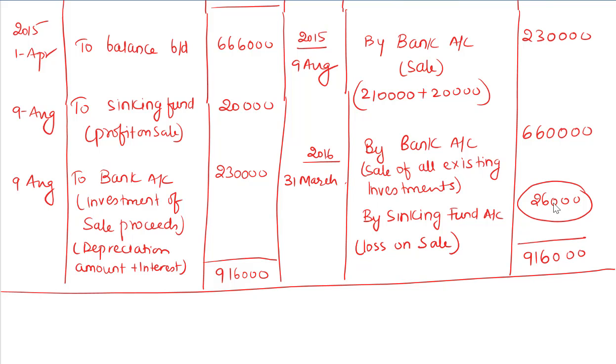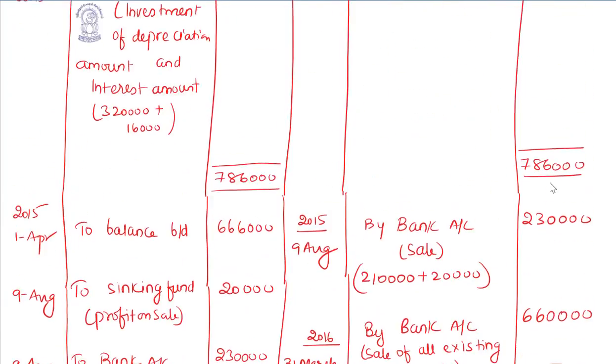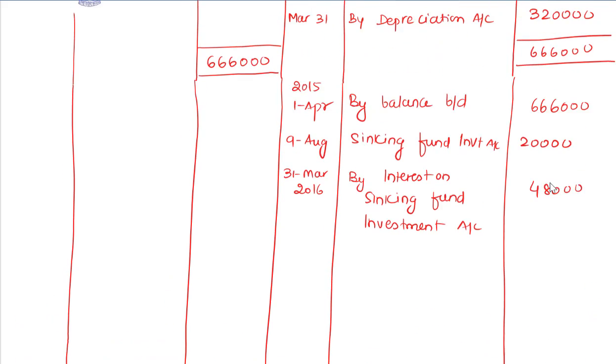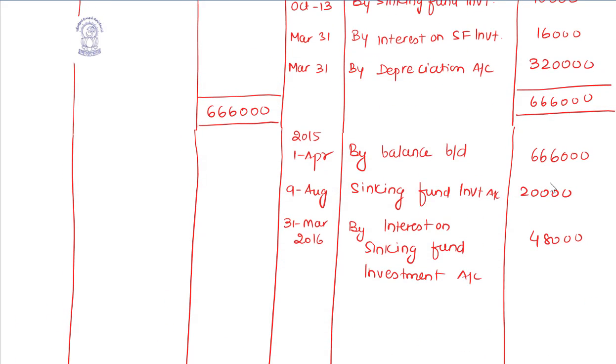Now this loss to be transferred here to sinking fund account, 26,000 on the debit side, 2016 March 31st, to sinking fund investment account 26,000.